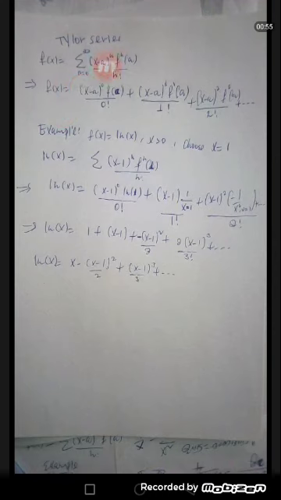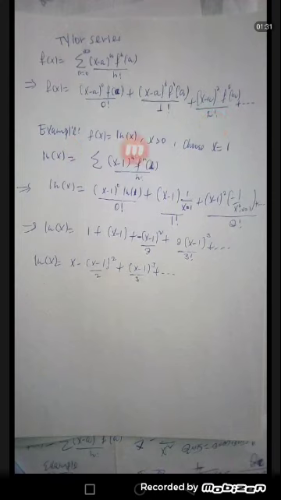This is the same as f of x equals (x minus a) to the power of 0 times f at a over 0 factorial, plus (x minus a) to the power of 1 times the first derivative of f at a over 1 factorial, plus (x minus a) squared times the second derivative of f at a over 2 factorial, and it continues like this.